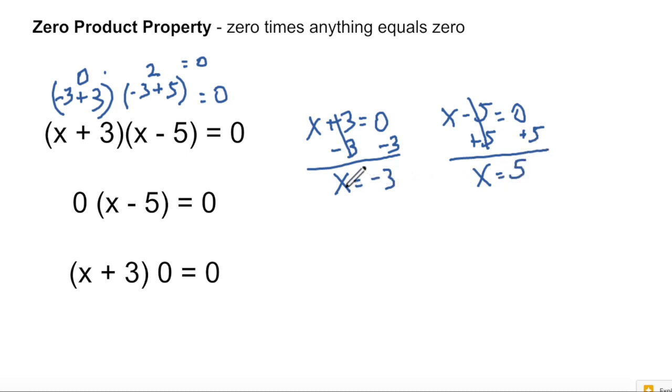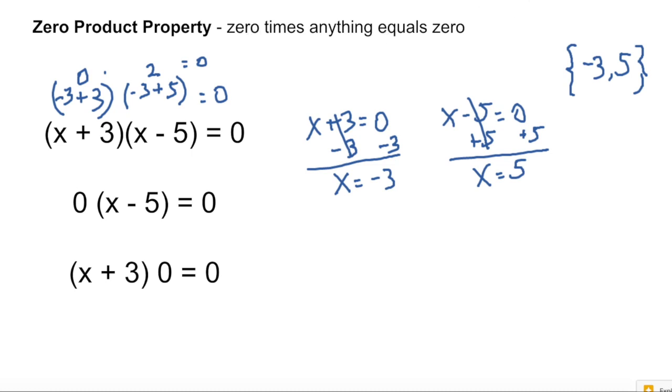So those are our two solutions, x equals -3 and x equals 5. So we could write this as a solution set in set notation as -3, 5. And we're going to use the zero product property almost every time we solve a quadratic equation.